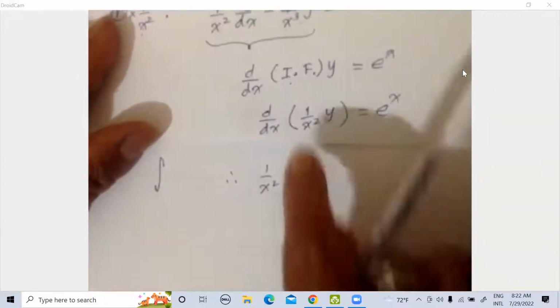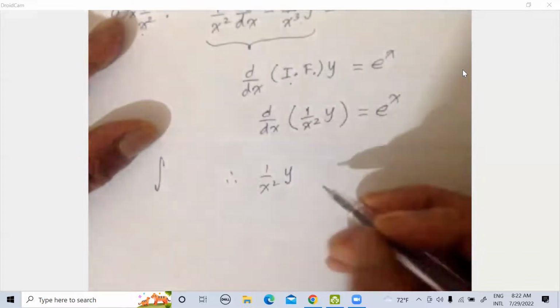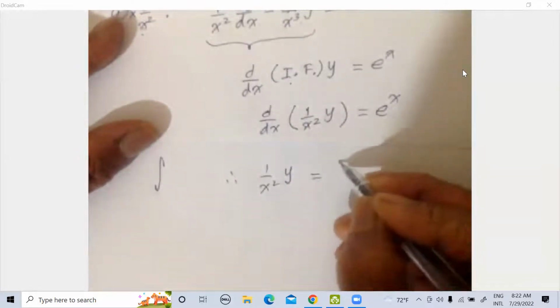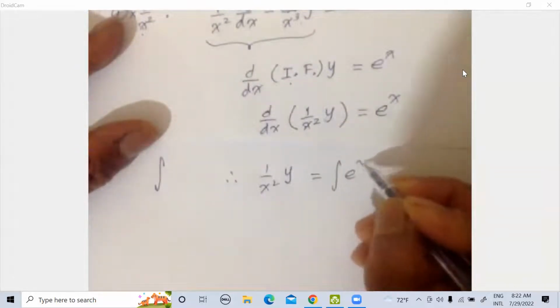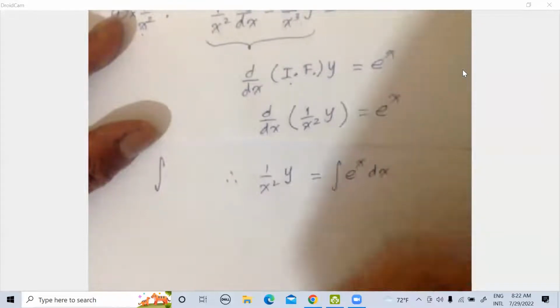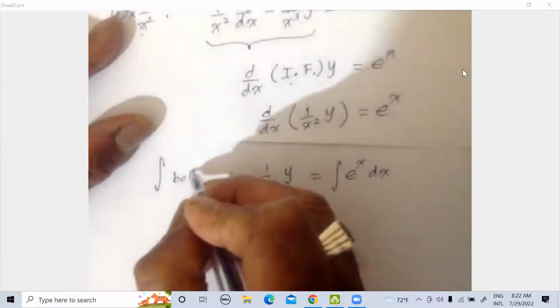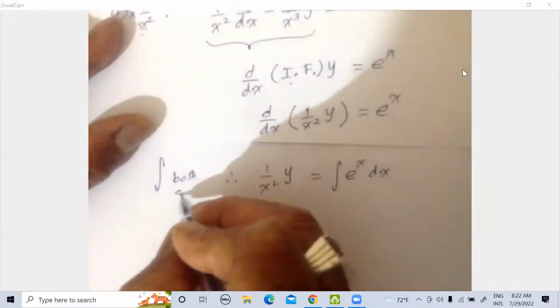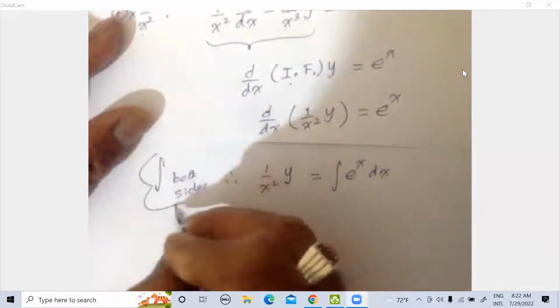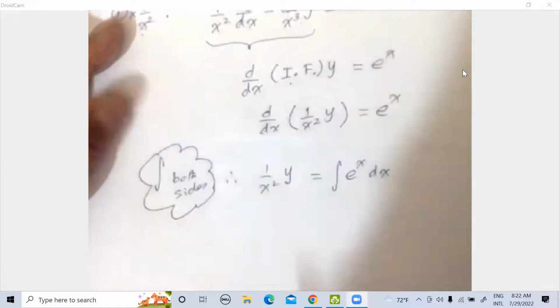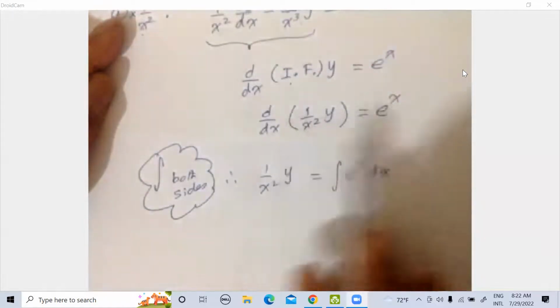That is this side. The integral of this side equals the integral of e to the x dx. Integrate both sides. These two are equal, therefore the integrals are.